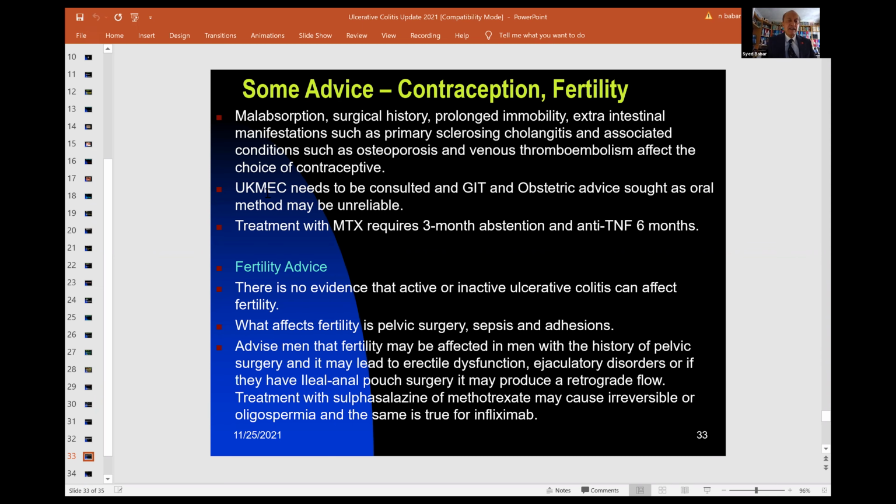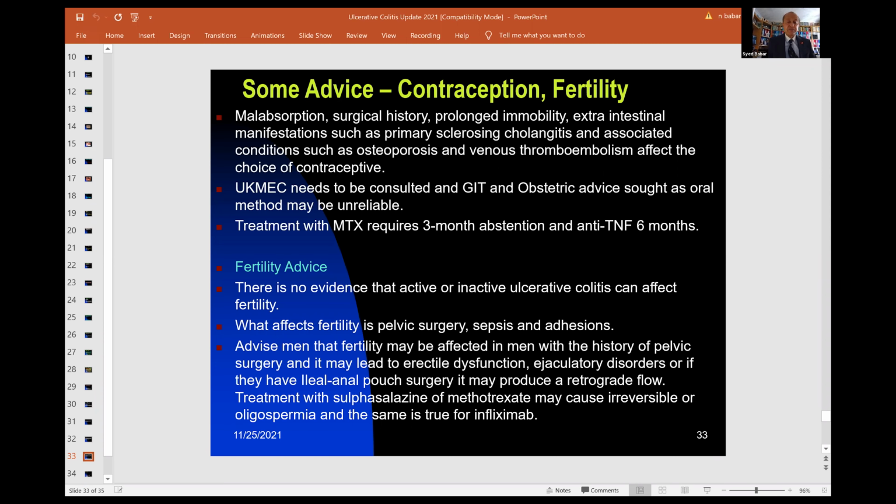The United Kingdom medical eligibility criteria, which has replaced the WHO MEC criteria, means that advice should be obtained with an interactive discussion between gastrointestinal and obstetric experts. If the treatment is with methotrexate-like substances, these should be stopped for 3 months. And if anti-TNF, then it is 6 months before contraception should be provided.